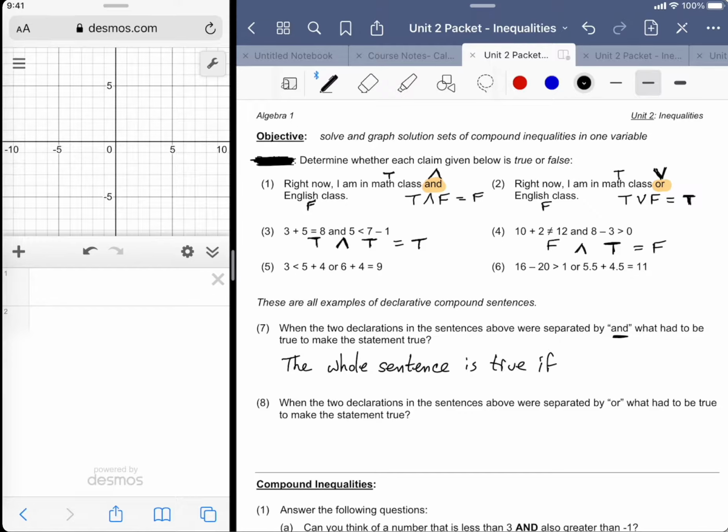And we're only going to work with 2 parters, so 2 components to the compound sentence. So we'll say the whole sentence is true if both parts are true. Otherwise, it is false. The sentence is false.